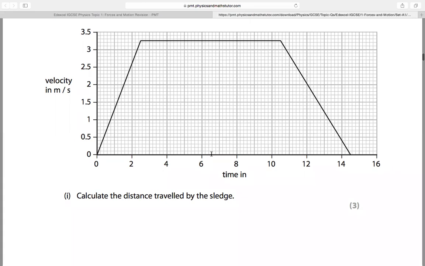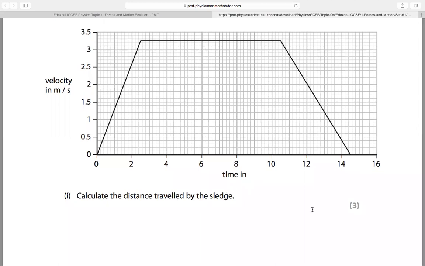So when you have a velocity time graph, remember, how do you calculate the total distance? Anyone knows? Use the formula speed equals distance over time. No, you don't have to do that.